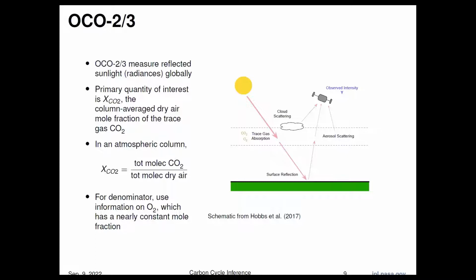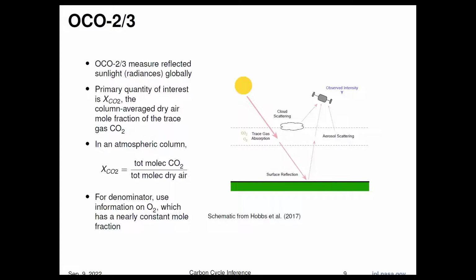As we just talked about for OCO2 and OCO3, the primary quantity of interest is XCO2, which in mathematical terms is basically a column average concentration of CO2 along that vertical path. In a physical sense, it's the total molecules of CO2 divided by the total molecules of dry air.